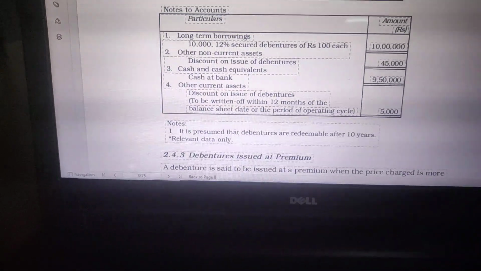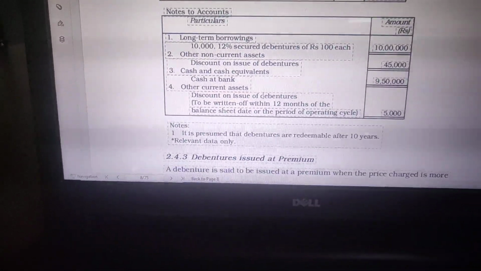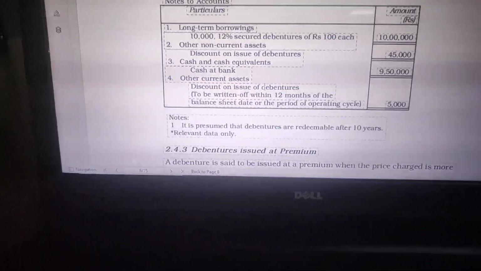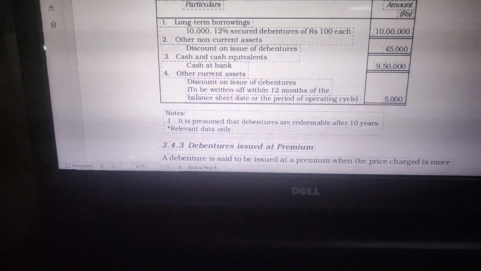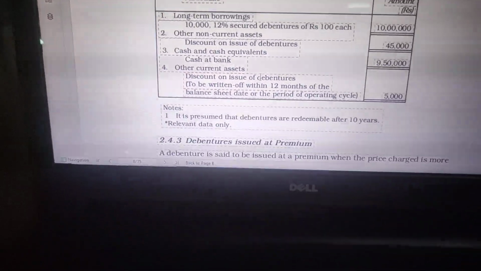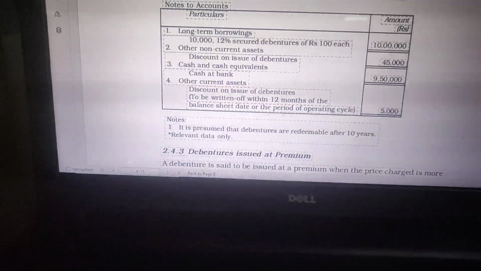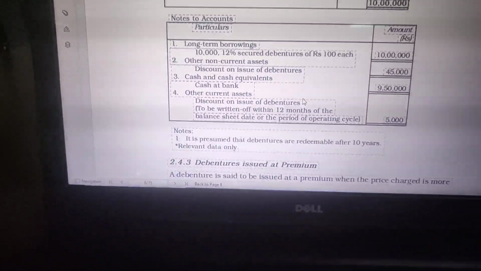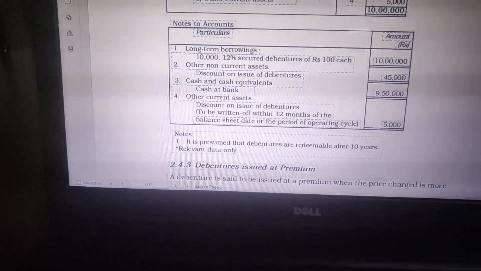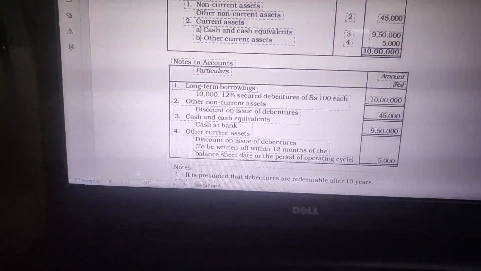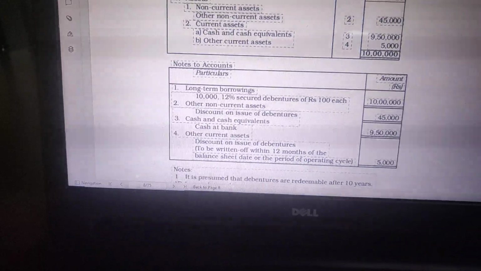Transferring a certain amount of discount on issue of debentures to other current assets reflects the company's commitment to recover the discount over time through future earnings. A fictitious asset is an asset which has no physical value. A discount amount has no physical value.